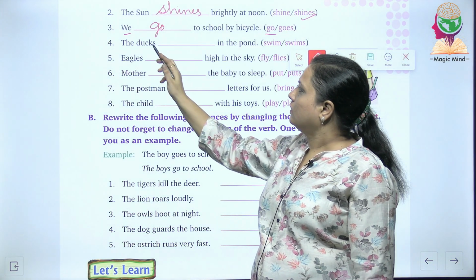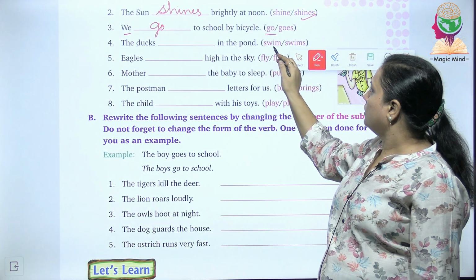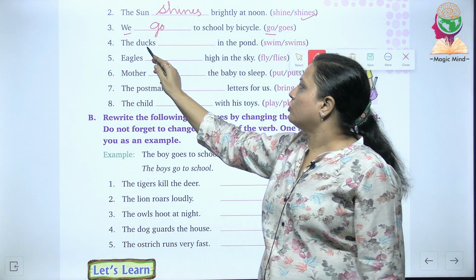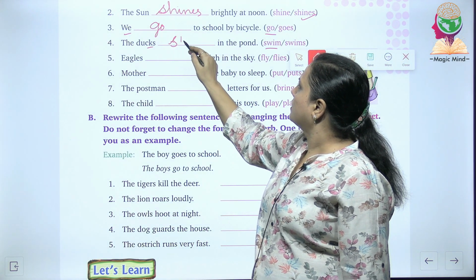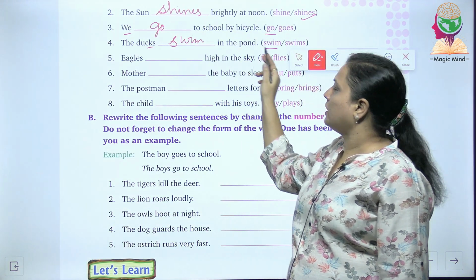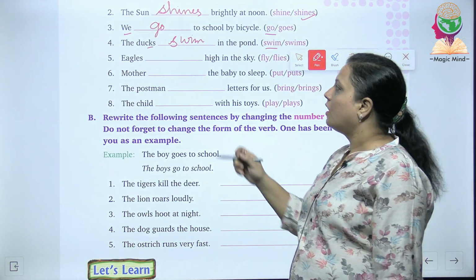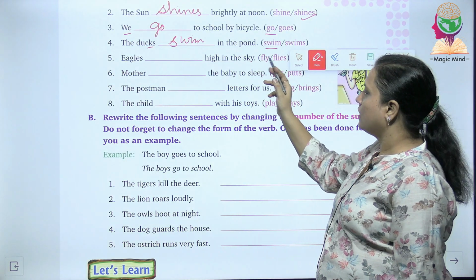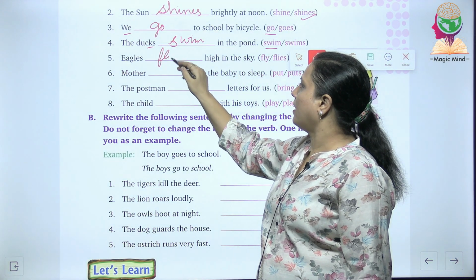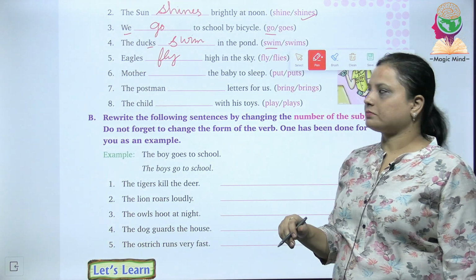Then the fourth one, the ducks dash in the pond, and the answer again, we are using plural, hence we will write over here swim. The ducks swim in the pond. Fifth one, eagles dash high in the sky. Eagles fly high in the sky.